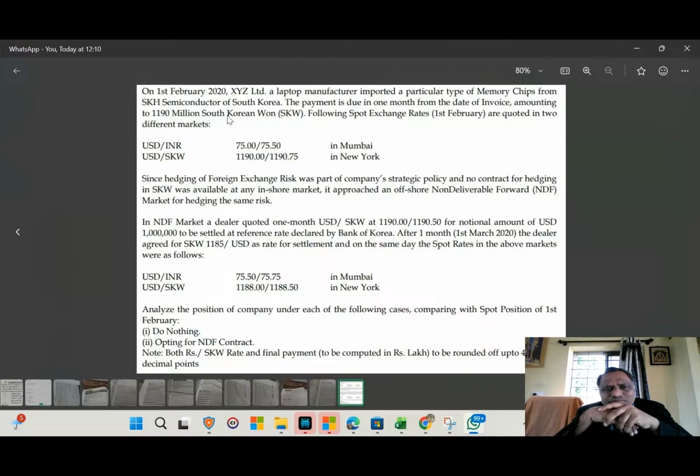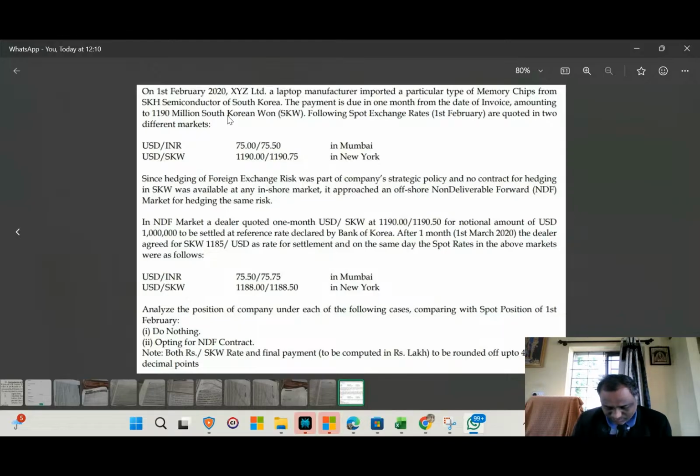But in the market, if I want to pay 11,900 lakhs South Korean won, how much INR do I need? That information I don't have. But I have this information: to buy 11,900 lakhs South Korean won, how many dollars do I need to pay?